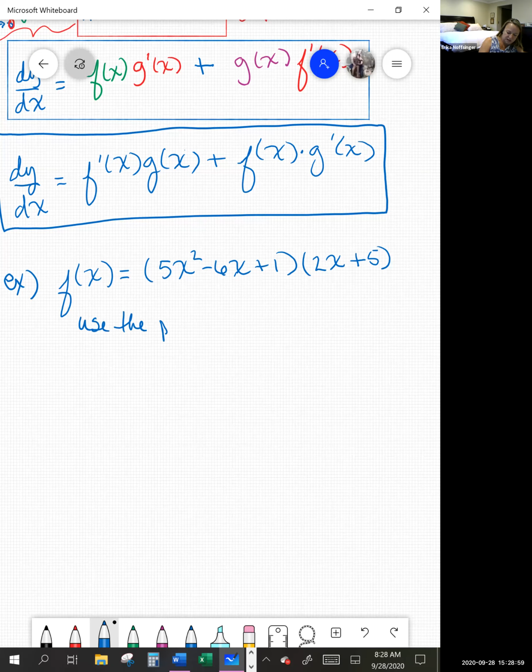Use the product rule to find f prime of x. If it helps you, we could call this a different function because I used f of x up there.